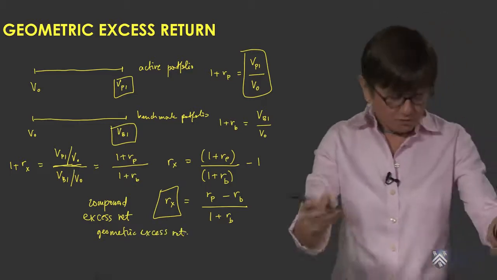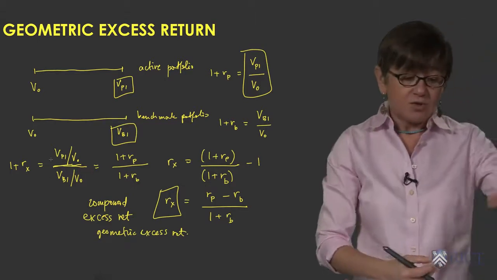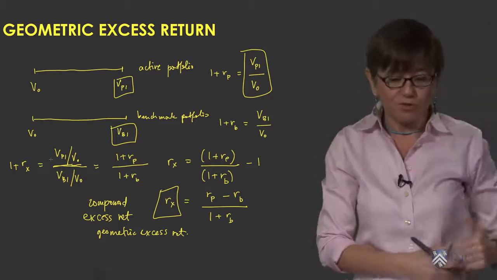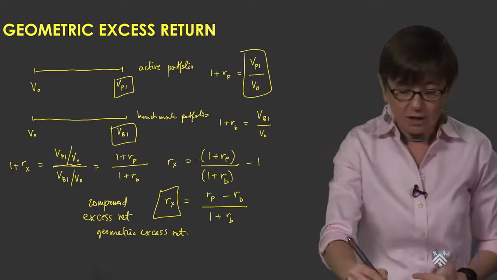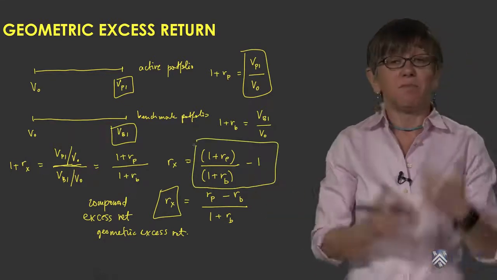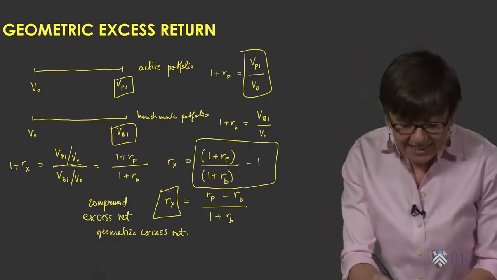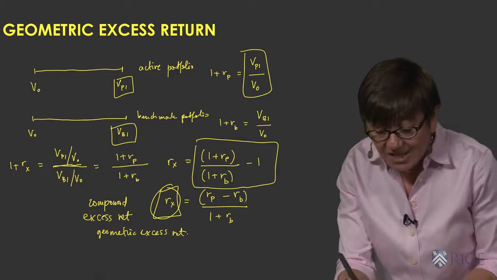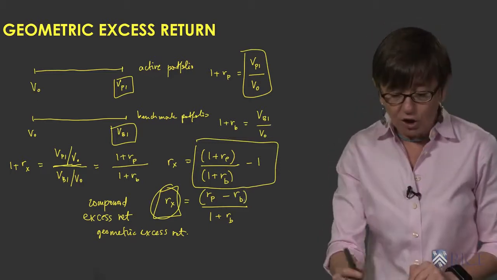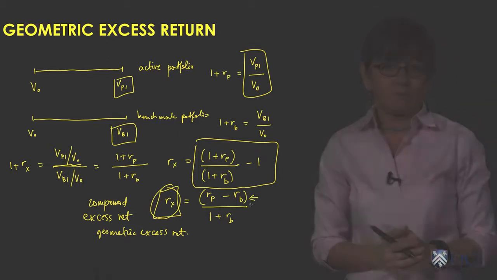So we notice that we defined it similar to what we did before by computing the ratio of the end of period portfolio values, but that just happened to equal 1 plus the portfolio return divided by 1 plus the benchmark return, minus 1. Now, notice that the compound excess return is related to the arithmetic excess return, but is not equal to the arithmetic excess return.